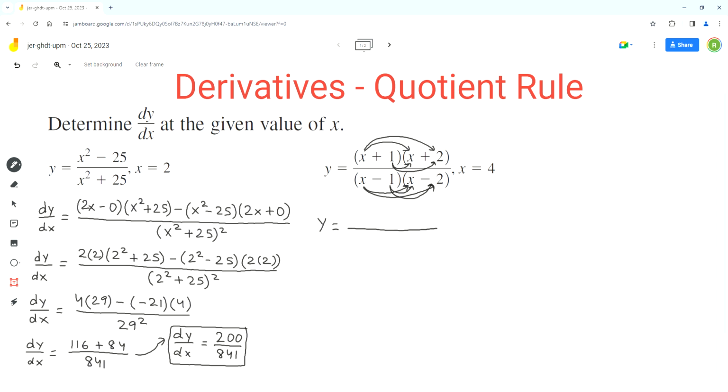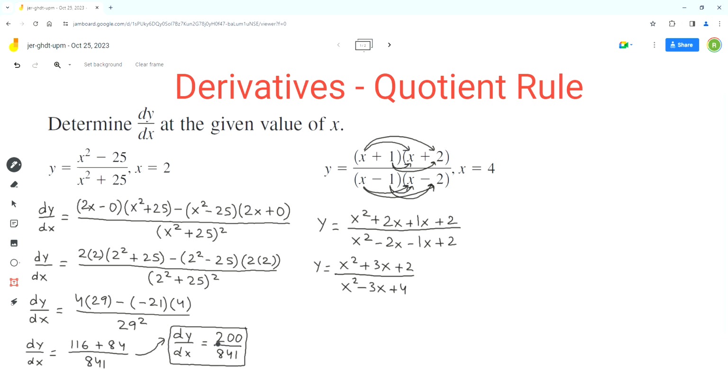In the numerator, we get x squared plus 2x plus 1x plus 2 over x squared minus 2x minus 1x and then plus 2. Now we can combine like terms. So we get x squared plus 3x plus 2 over x squared minus 3x plus 2.